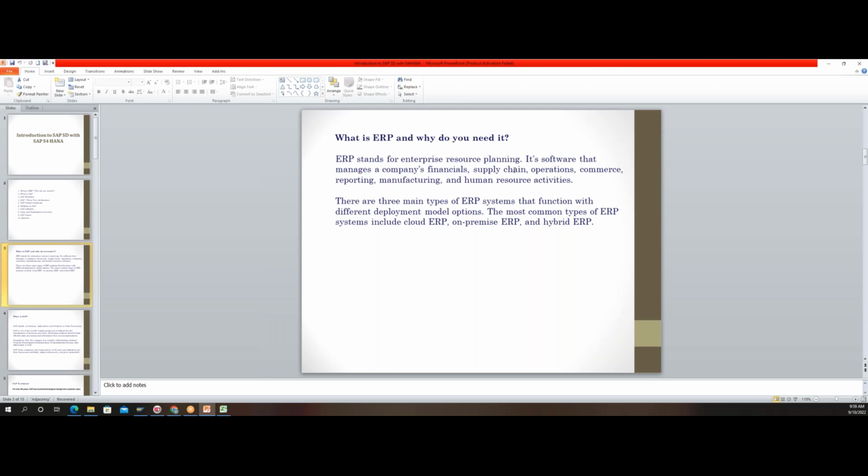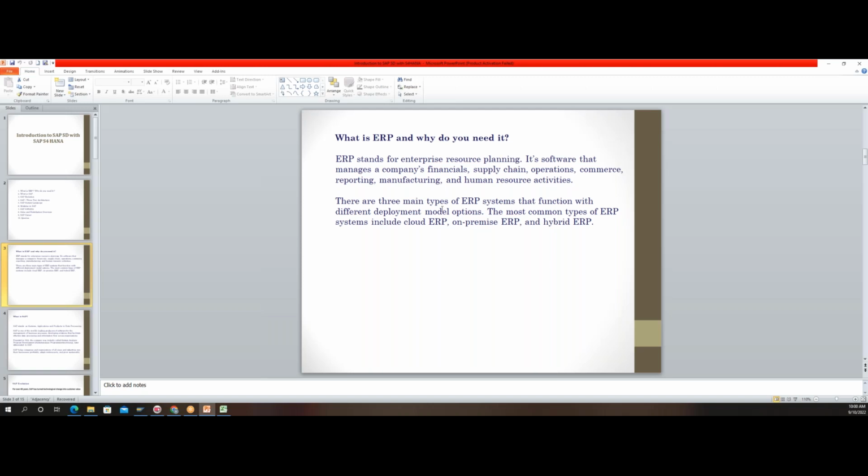So it is a robust, concrete software which engages and integrates different lines of business or different departments inside the enterprise, and facilitates the information from one department to another department in a convenient and organized way. All right, that is nothing but your ERP.